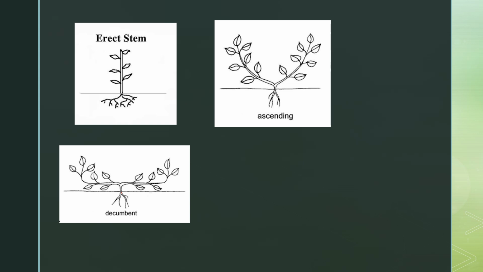It's reclining near the base. It's near to laying on the floor, but it's not laying flat on the floor. It's just that near the base, the stem is reclining. Okay, it's decumbent.